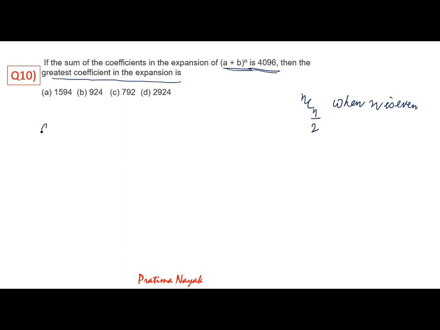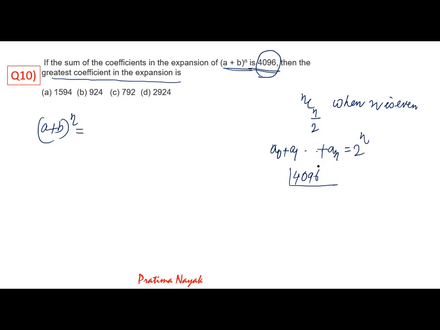I'm writing a plus b to the power n, you know that a0 plus a1 plus a2 up to a to the power n is equal to 2 to the power n. So 4096, if you go on getting your factors, it will be how much?